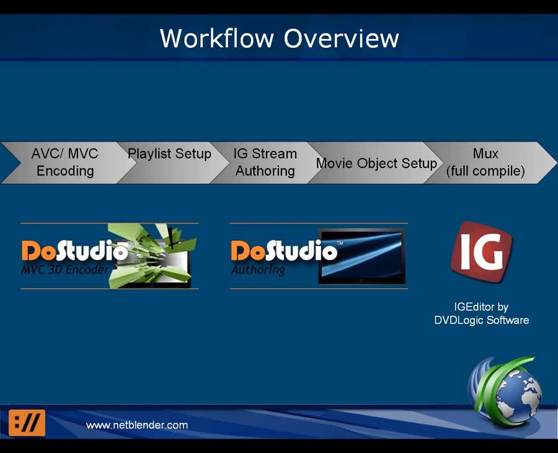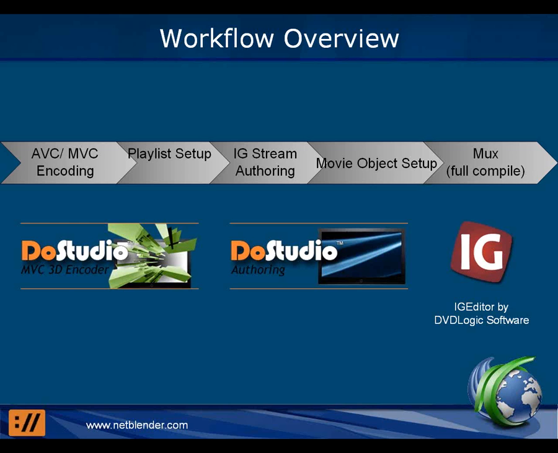Let's talk a little bit about the workflow. It is not dramatically different from the 10,000-foot view than working in DSA with the BDJ menu system. Of course, the first step is always encoding of your audio-video assets, and that is either done with the Dostudio encoder or any other spec-compliant Blu-ray encoder, 2D or 3D.